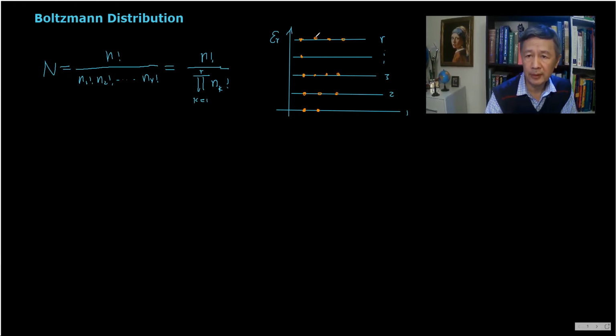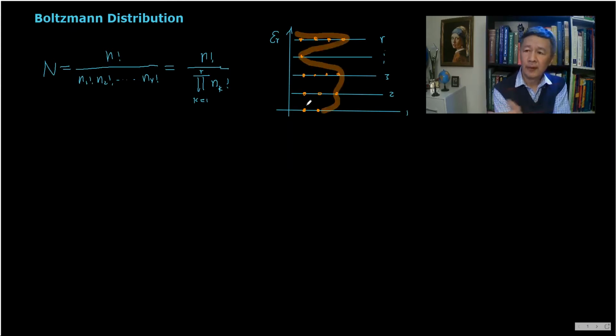This is just one of the arrangements you can make with these N identical particles. Now, if I use a profile or envelope to illustrate this distribution, you will see this kind of distribution. Of course, this distribution or configuration, I prefer to use the word configuration, is just one of them.